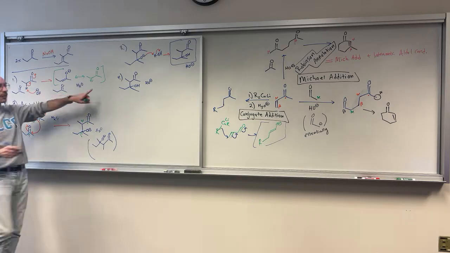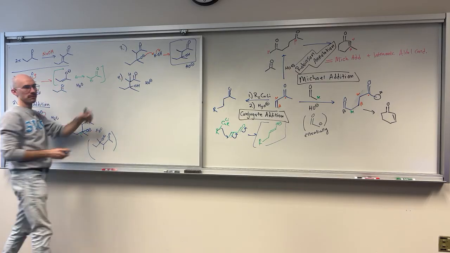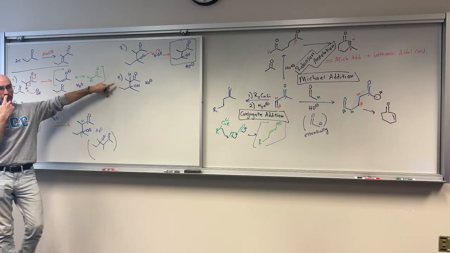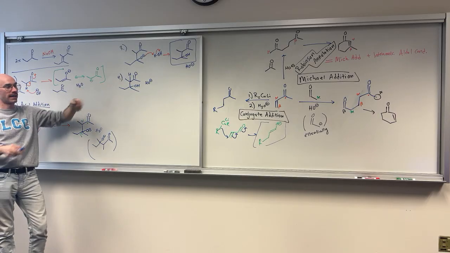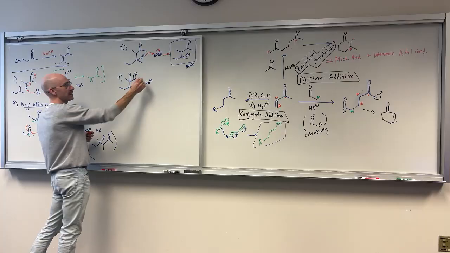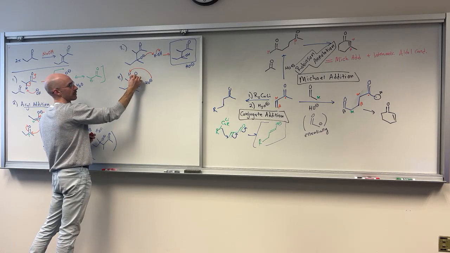I'm going to draw in the remaining alpha hydrogen. I know it really blends in, so I want you to notice it. That's my second alpha hydrogen. And hydroxide acts as a base. And I reform my enolate.